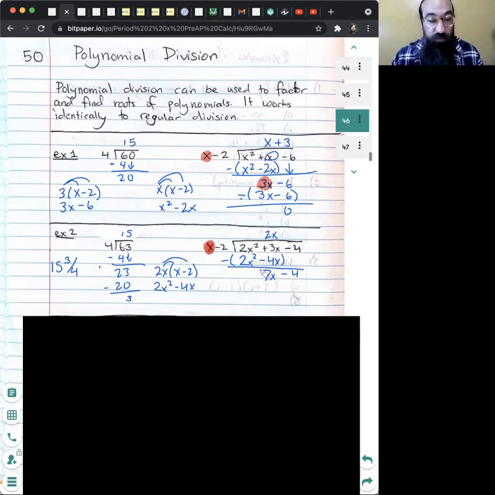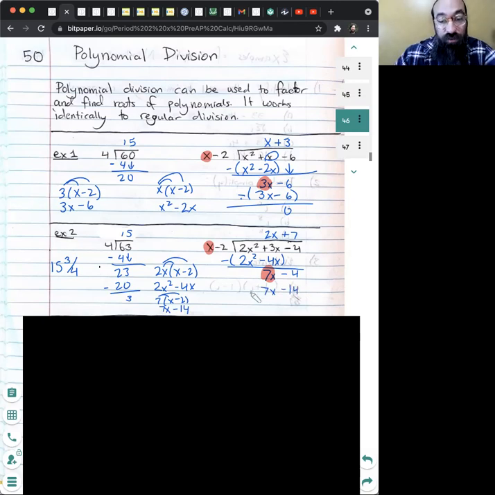The same, x times what gives us 7x. Right, just 7, right? So we're going to write plus 7. We'll do our scratch work. Just do it here. 7 times x minus 2. What is that going to give us? 7x minus 14. So we're going to write 7x minus 14.